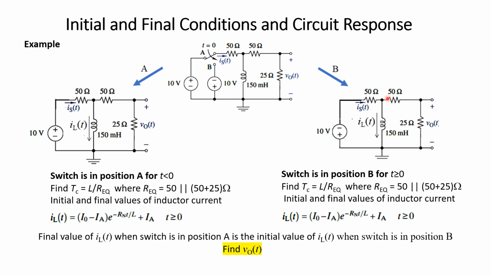What is VO? If we know this current, we can find L di by dt, which is the voltage over here. And the polarity of this voltage will be as shown, if the current is flowing in this direction. So if we know the voltage from this node to this node, which is the same, then L di by dt divided by 50 plus 25 will be the current flowing through this.